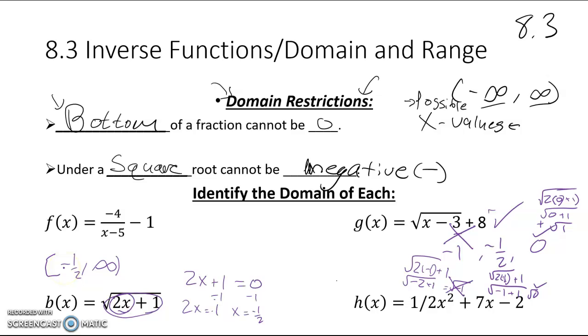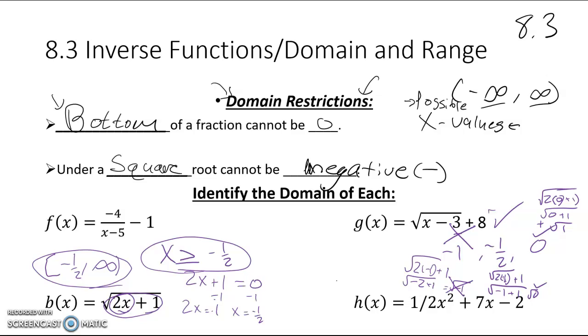Or if you wanted to write it another way, x is greater than or equal to negative 1/2, because this tells me I can plug in any x value that is bigger than negative 1/2 or negative 1/2 itself. So again, 2 different ways that you can write your domain there.